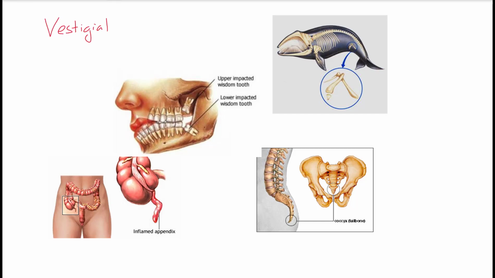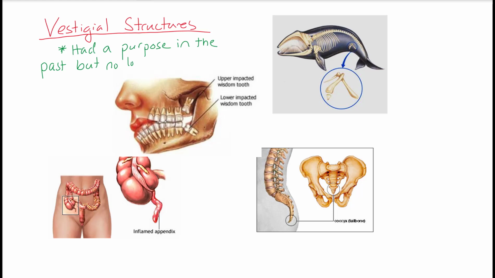These things, called vestigial organs, such as wisdom teeth or your appendix or coccyx, your tailbone, and the whales, which still have a pelvis and kind of pseudo legs, they used to serve a purpose in the past. Not anymore. And just because something that you have is not needed does not mean it will be taken out of the gene pool.